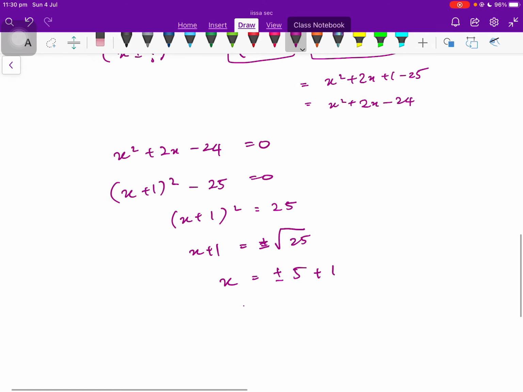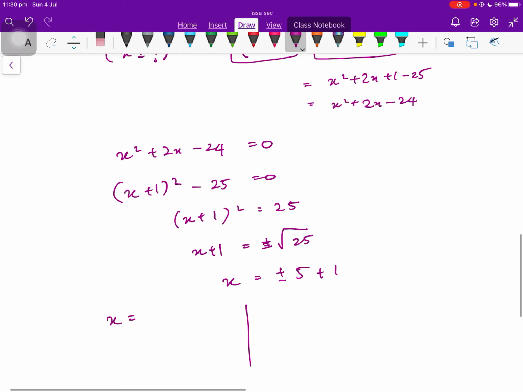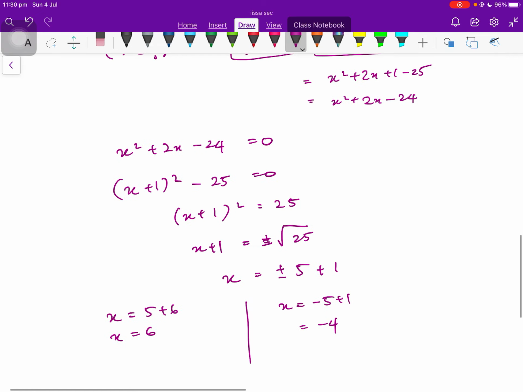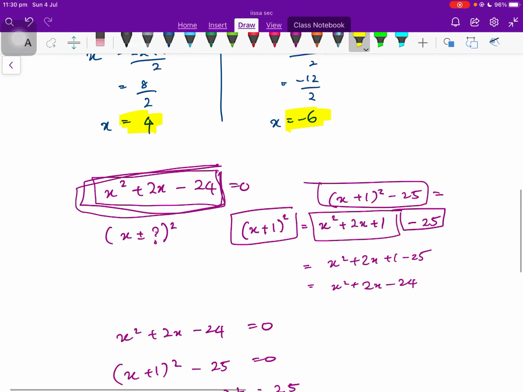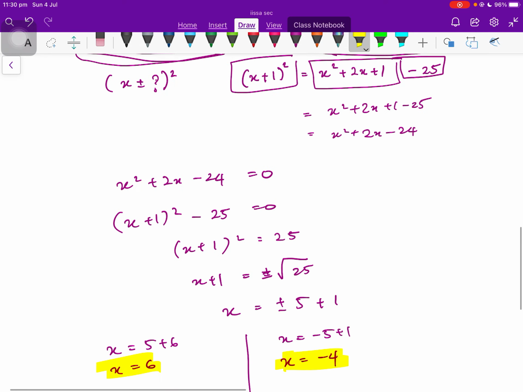Then we have x equals 5 minus 1, which is 4, and x equals negative 5 minus 1, which is negative 6. Aha, look, we actually have the same answer we're looking for: x equals 4, x equals negative 6.